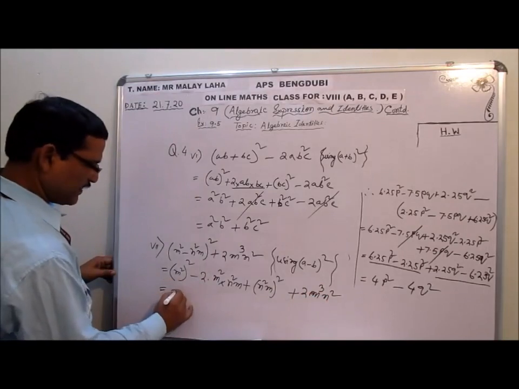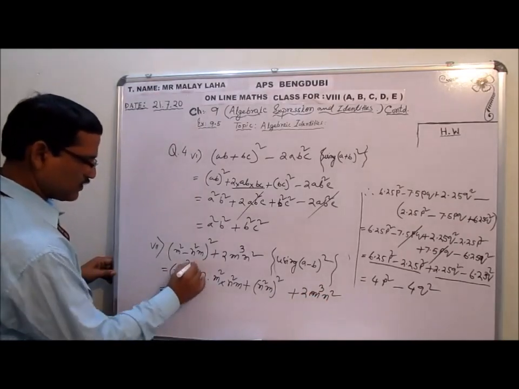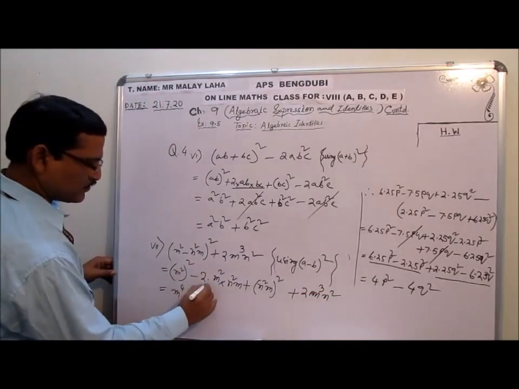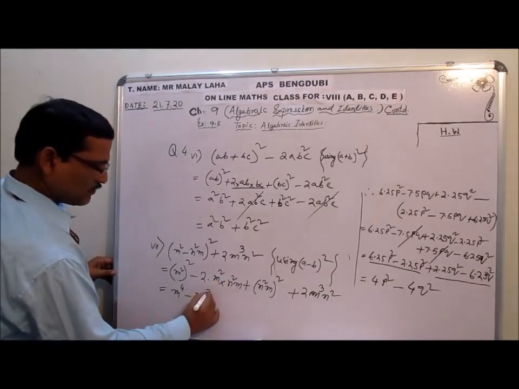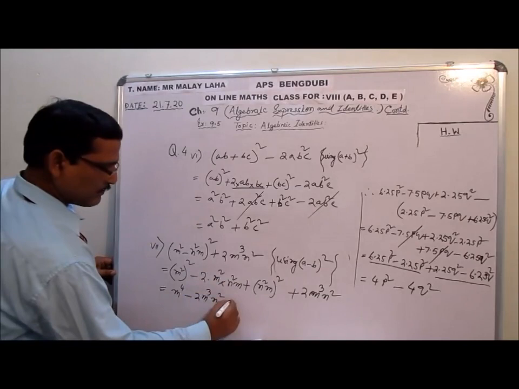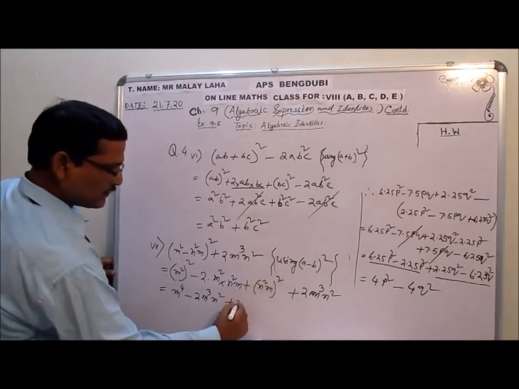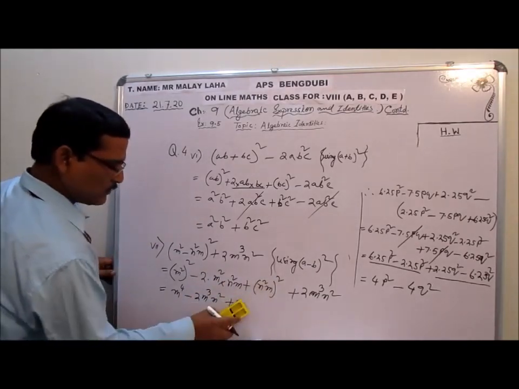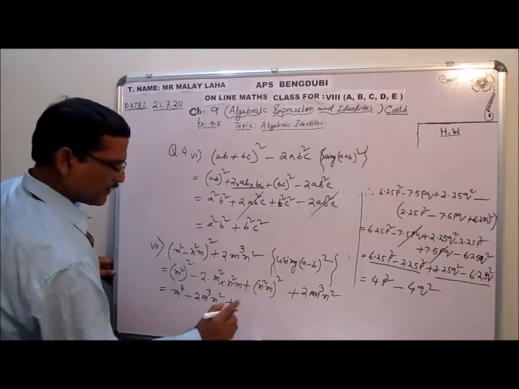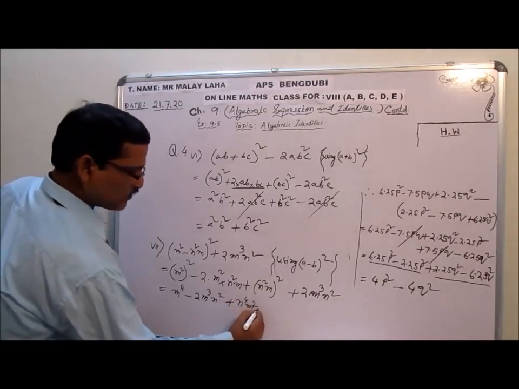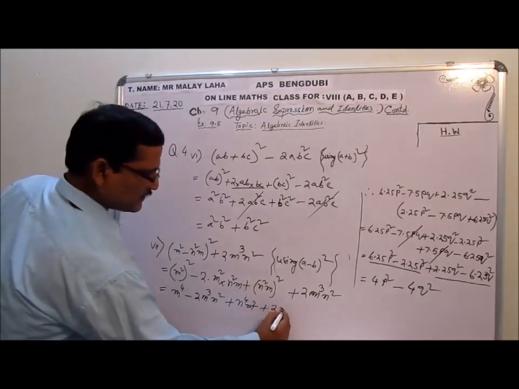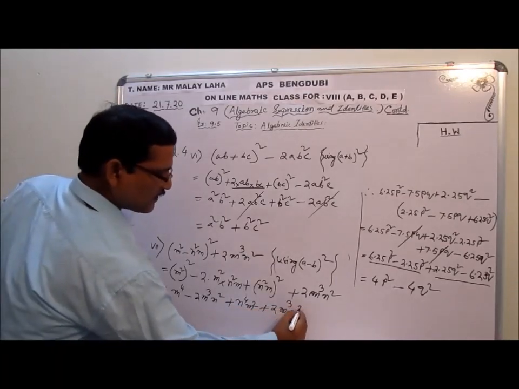It will be m raised to 4, minus twice m cube n square, plus n raised to 4 m square, plus twice m cube n square.